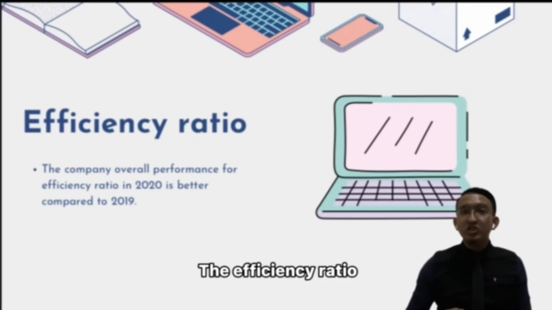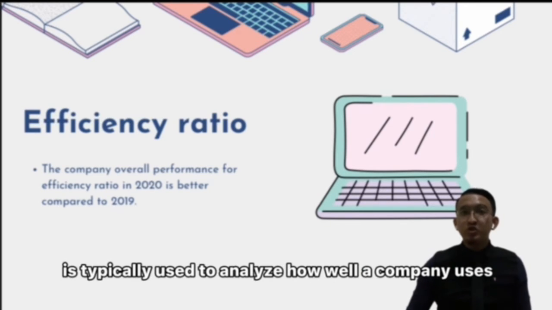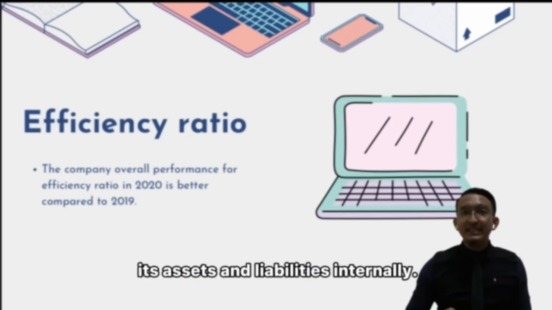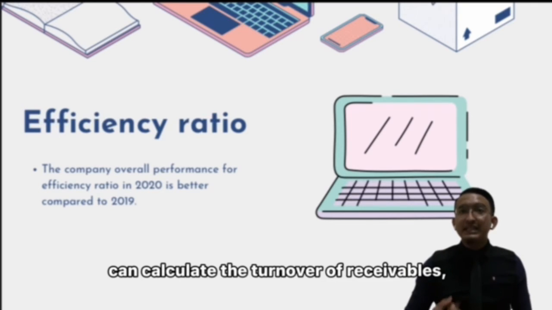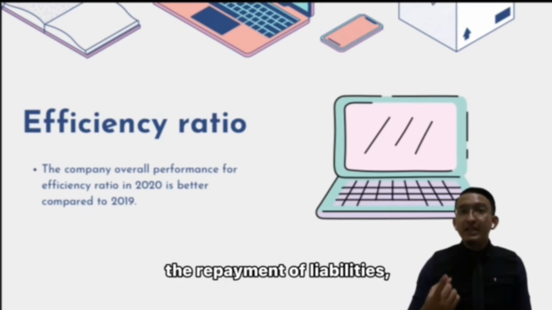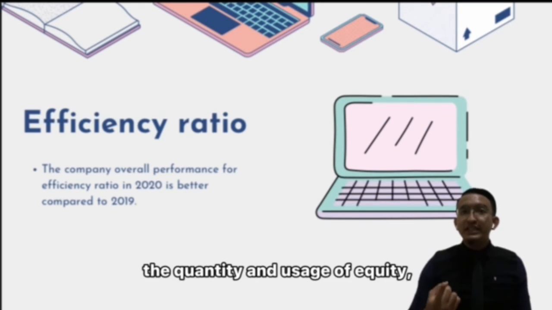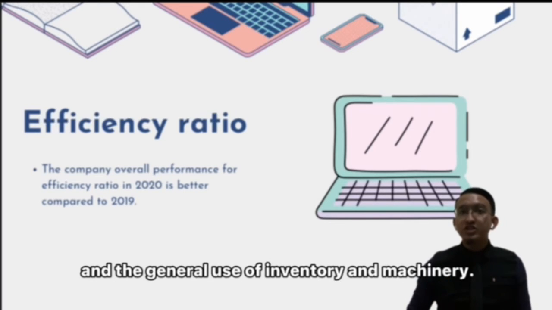Secondly is efficiency ratio. The efficiency ratio is typically used to analyze how well a company uses its assets and liabilities internally. Efficiency ratios can calculate the turnover of receivables, the repayment of liabilities, the quantity and usage of equity, and the general use of inventory and machinery.